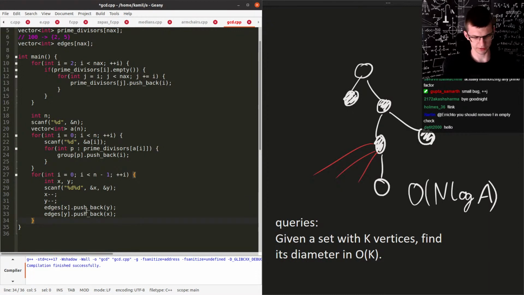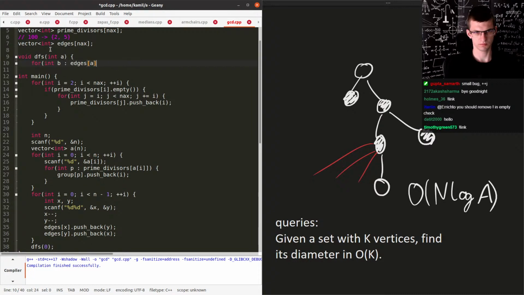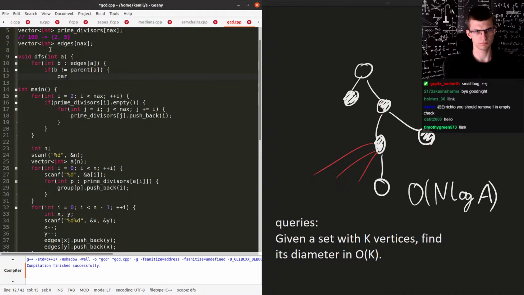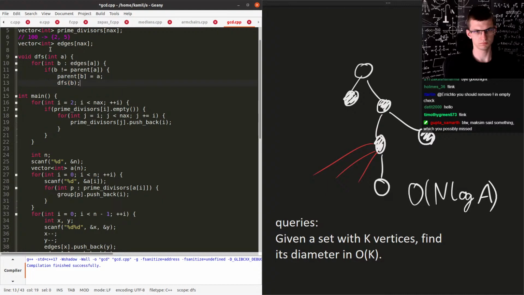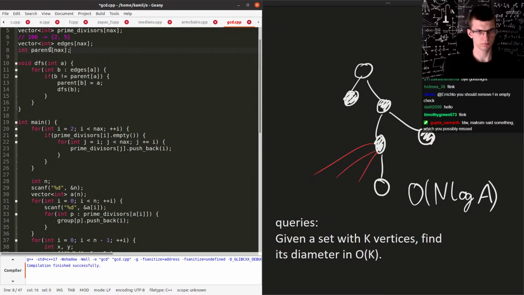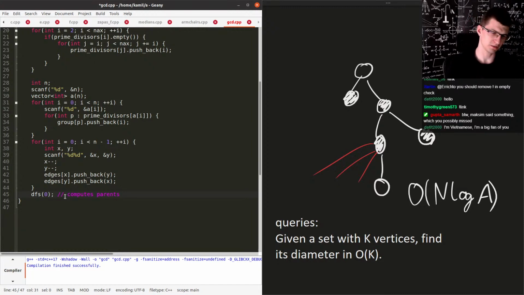After reading the tree, I want to run DFS to gather the parents. This DFS computes a parent for every vertex. I think I also need depth because I will need to sort by depth.